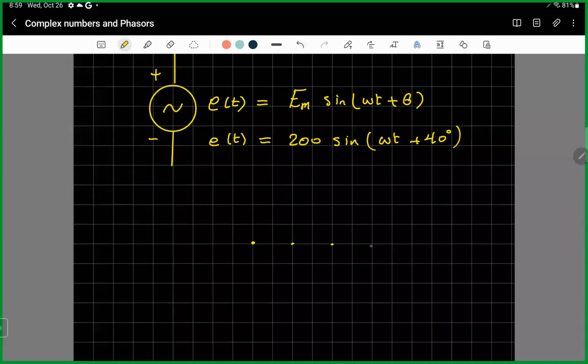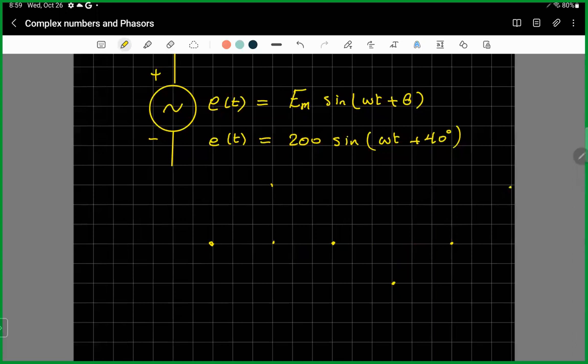That's the maximum. That is 0. And that's one, two, three. That's the minimum. One, two, three. That's the 0. And one, two, three. That's again the maximum. All right.